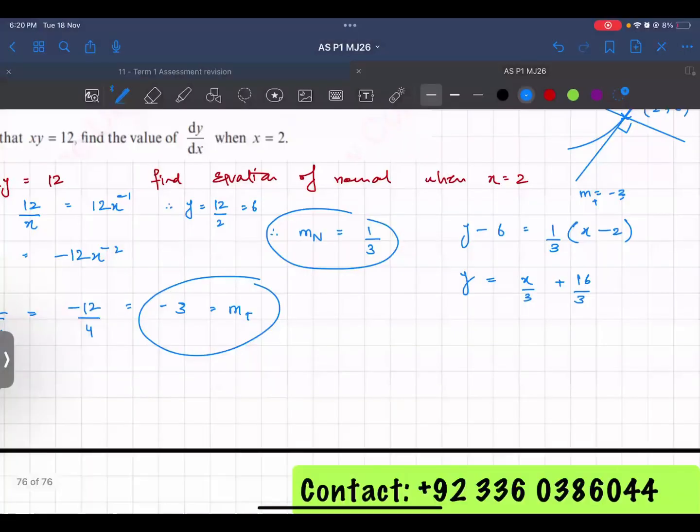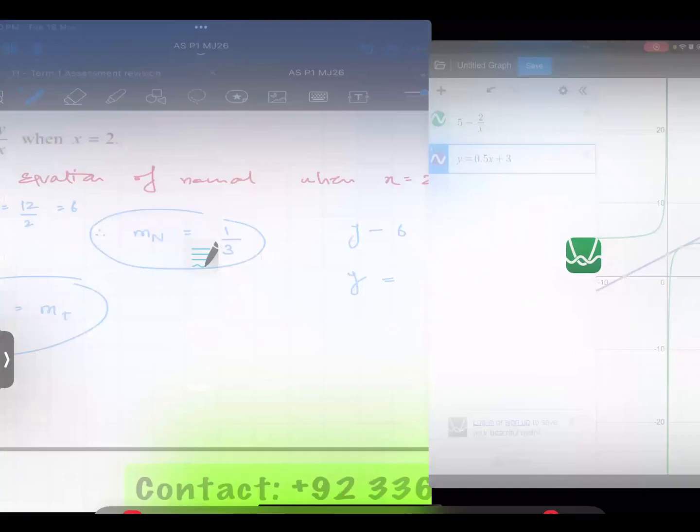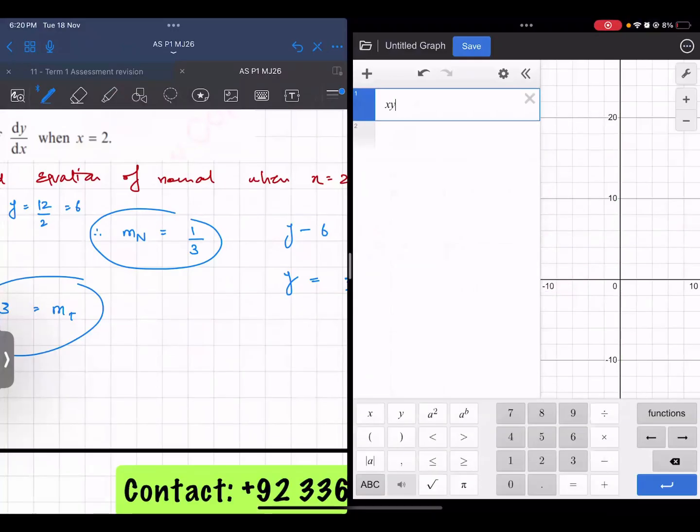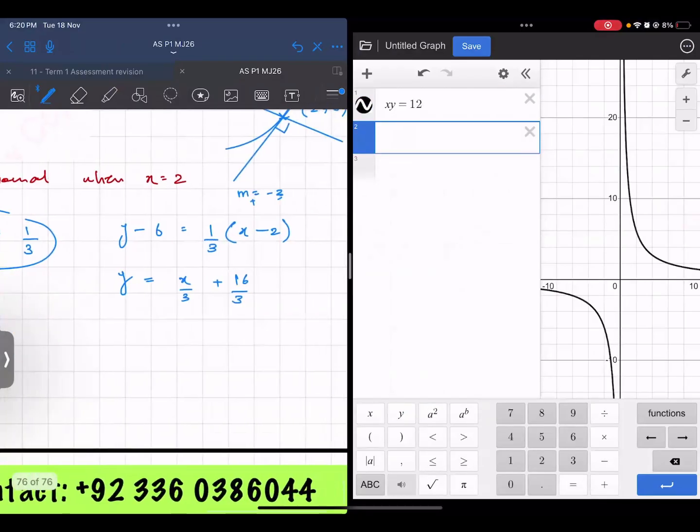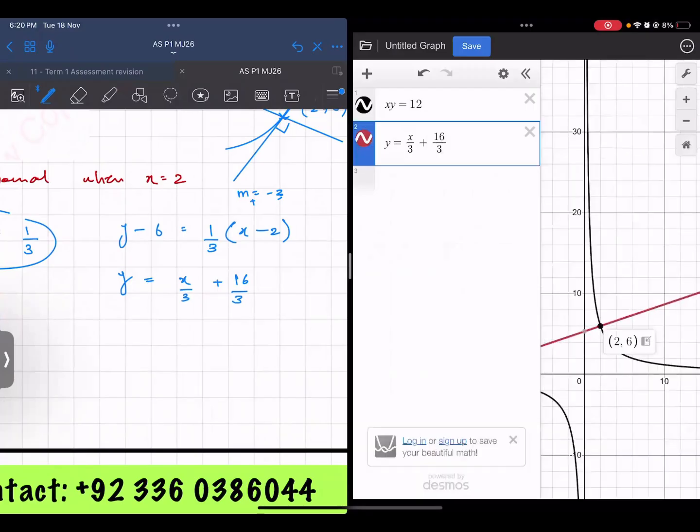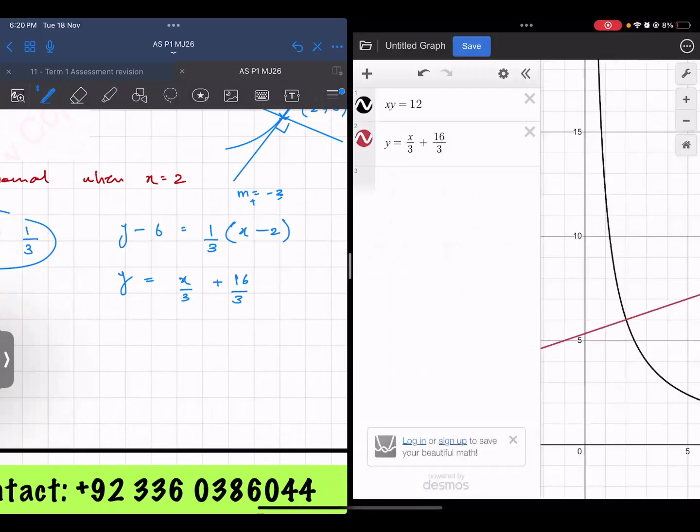Let's check this as well. Your original function is xy equals 12, and you have found the equation y equals x upon 3 plus 16 upon 3. So you can see this is the normal, and the point is 2 comma 6.